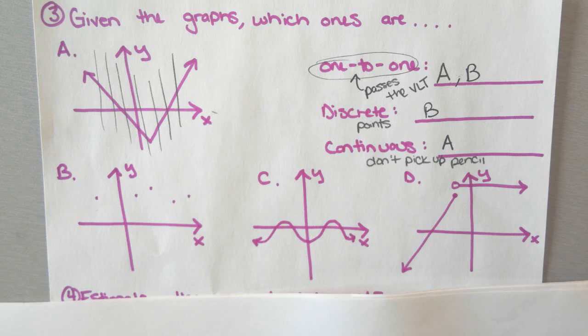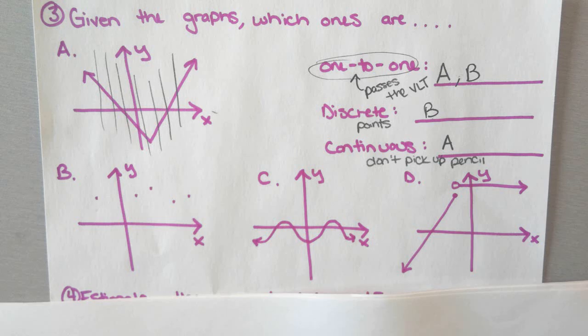An example of something that would fail the vertical line test would be a circle, because if I were to draw a line through, it touches at 2 locations. Think about the name, 1 to 1. Each line touches the graph 1 time, so 1 to 1. This is 1 to 2, so it's not going to work. Does that make sense? Okay.